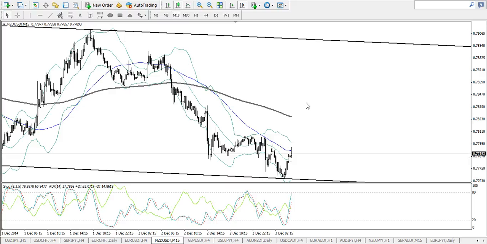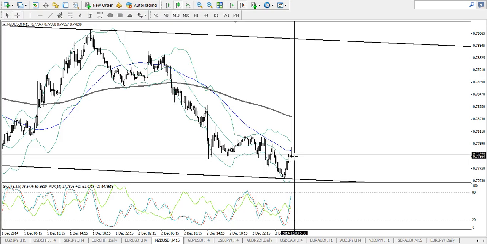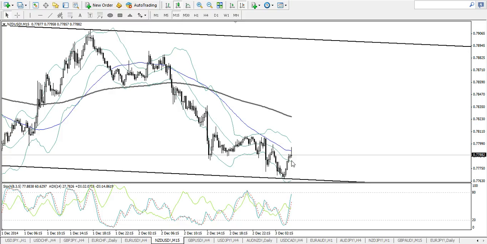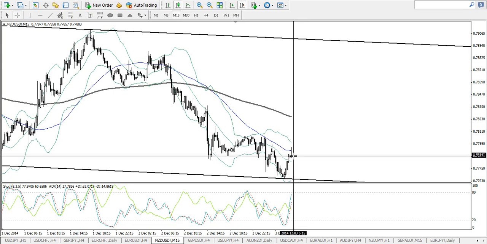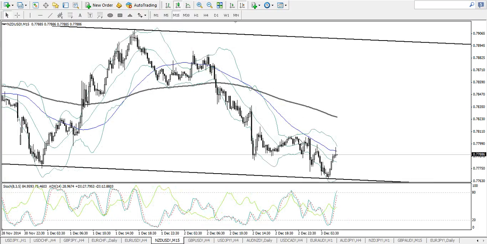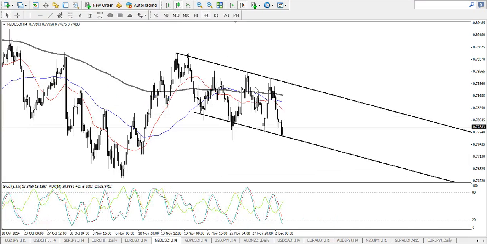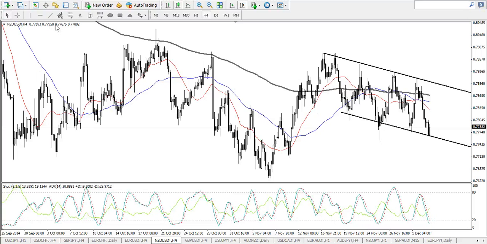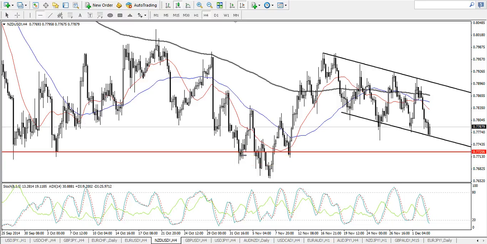Just to take note, on this 15-minute chart, if price would be able to close above the 55 moving average, then you may want to consider partial taking profit. If not, I am still expecting price to fall further, at least till 0.7725, because that is the level where an inverse head and shoulder may form.